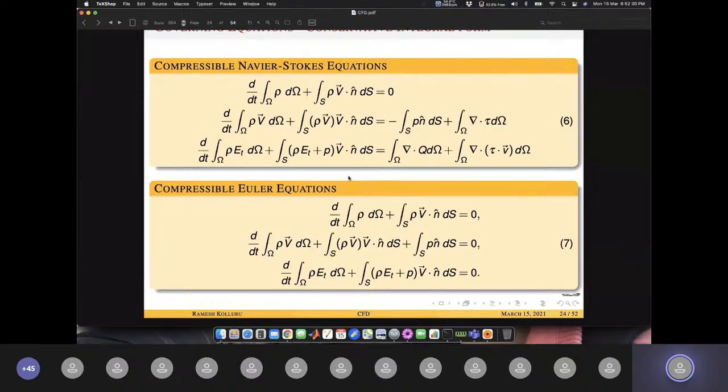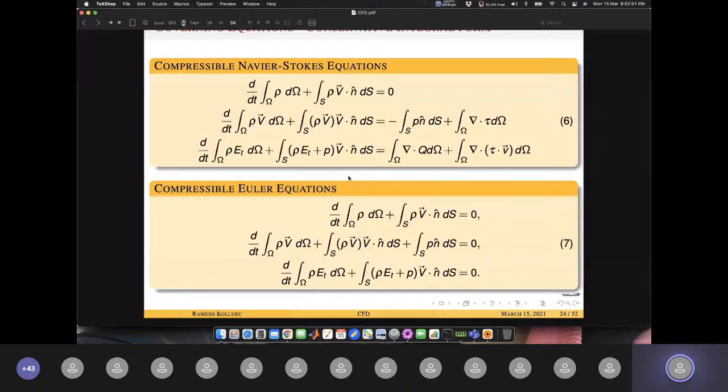That's it. And these equations, with some additional constitutive equations, which I'm going to show in the next slide, are basically called the Navier-Stokes equations. In these equations, if I neglect viscosity and heat transfer terms, then I get what are called the Euler equations, which are shown in equation 7.